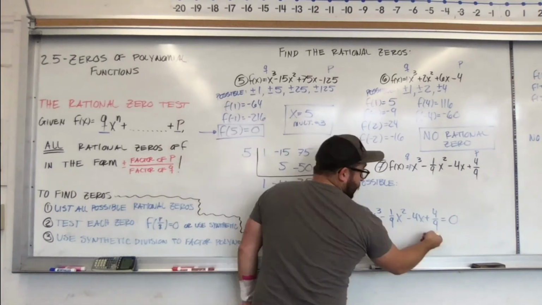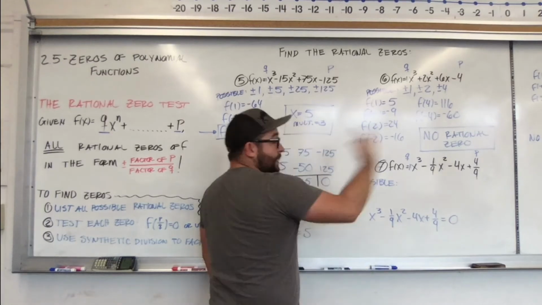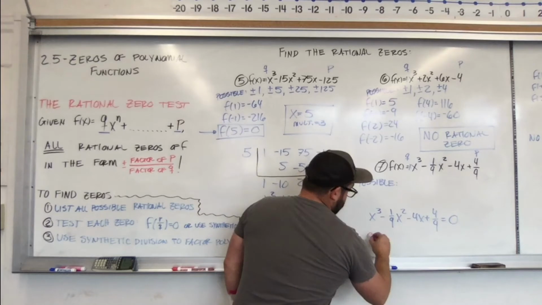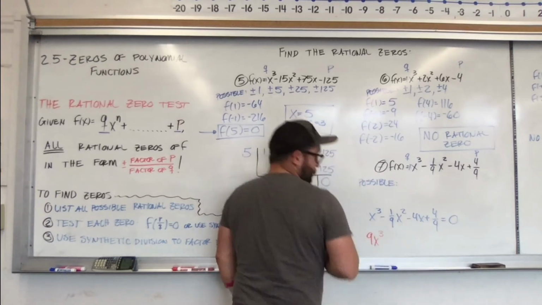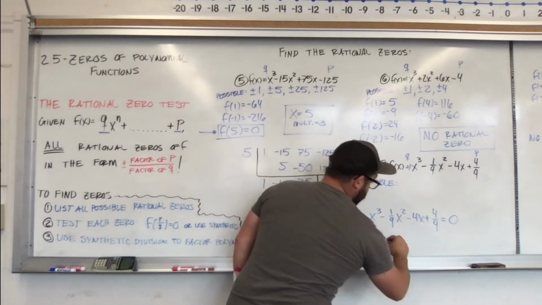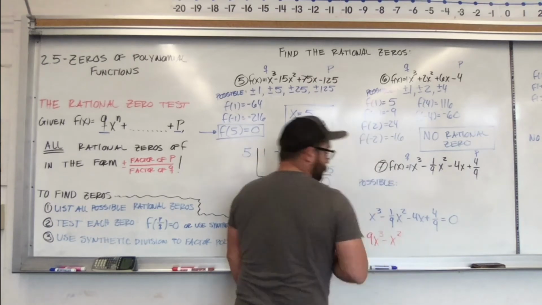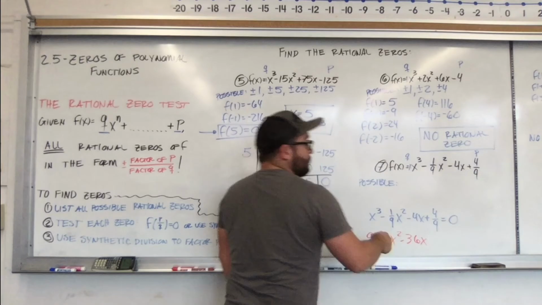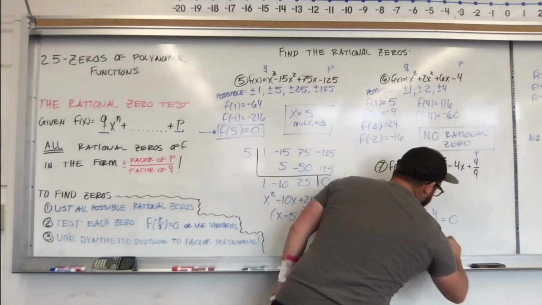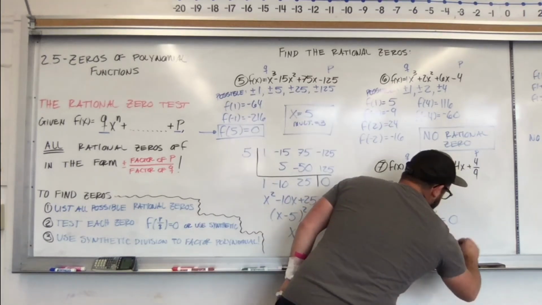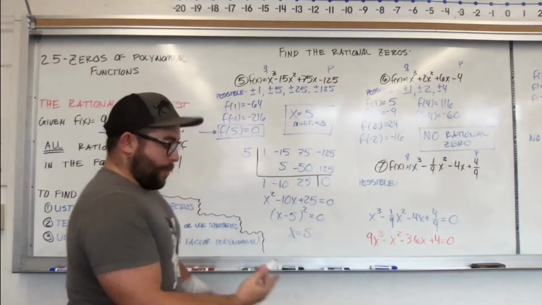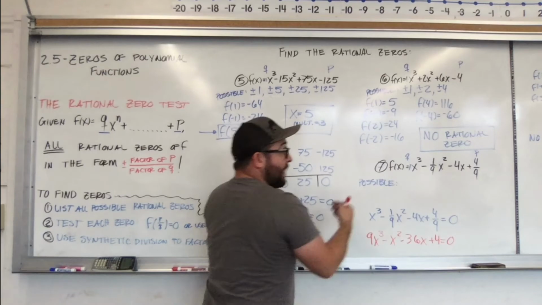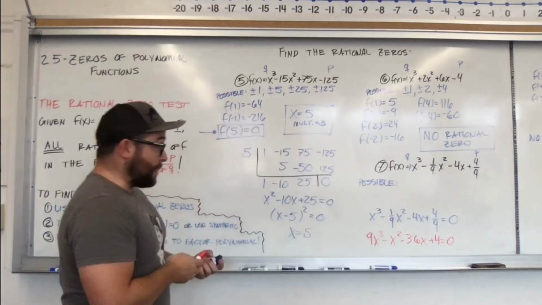So if 9 is this denominator I need to clear out, then I'm just going to multiply everything by 9. So here I'm going to get 9x cubed. The 9s will cancel here, so minus x squared. We'll get negative 36x. And then lastly, it'll cancel at the end, so we'll get plus 4. And that's still going to equal 0, which means clearing that denominator out didn't actually change what my zeros are going to be.